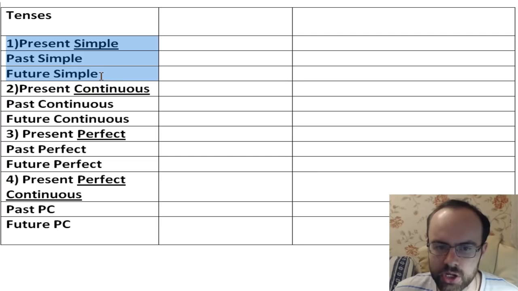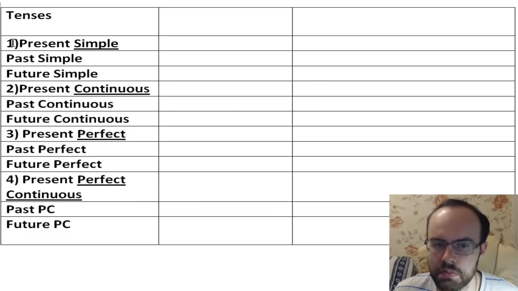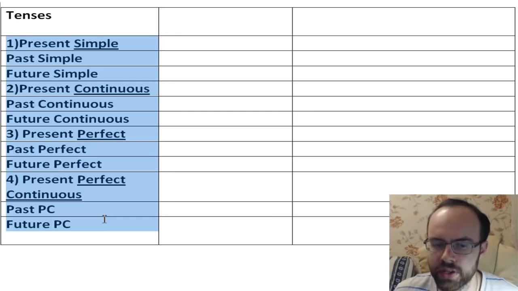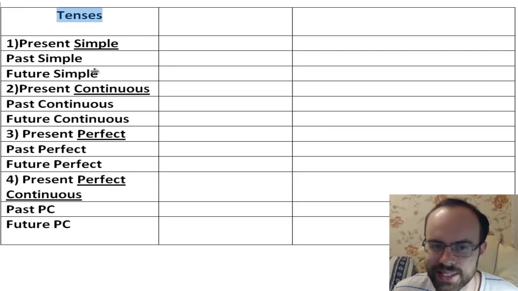So 3 plus 3 plus 3 plus 3 is 12, or you can multiply 3 by 4 and you'll get 12. It's the same. So practice is very important, but first of all you need to know what English tenses exist. And you see, there are 12 tenses.